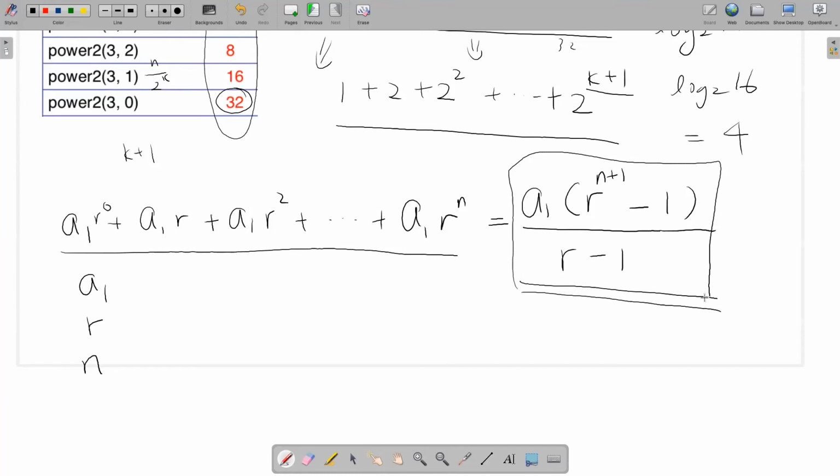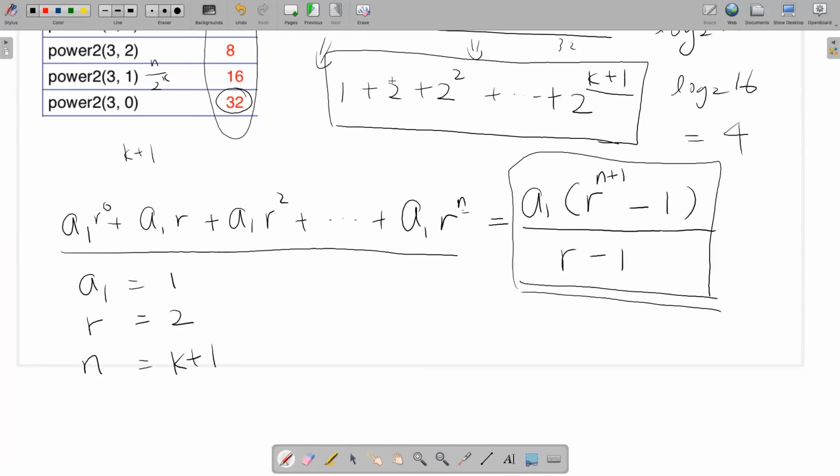Once you have these 3 important parameters, then you can use this formula to calculate the sum of the geometric series. So if you look at the series that we have up front for power 2, we can see that A1 is actually 1, the very first number. The R that we have is 2, right? From term to term, we are multiplying by a fixed factor 2. Finally, the number of terms, the last term, which is n, is actually k plus 1.